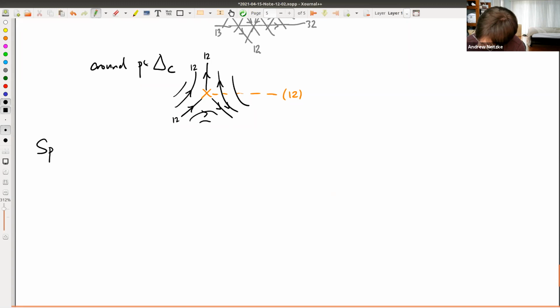This is the object, the spectral network, W of theta and phi.